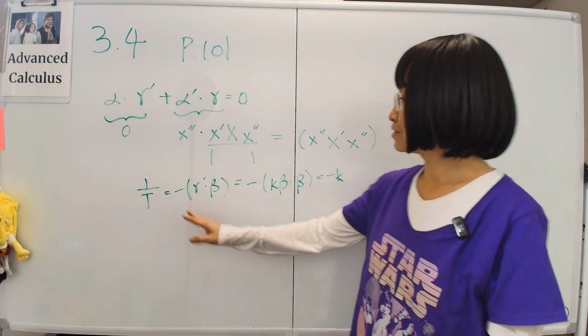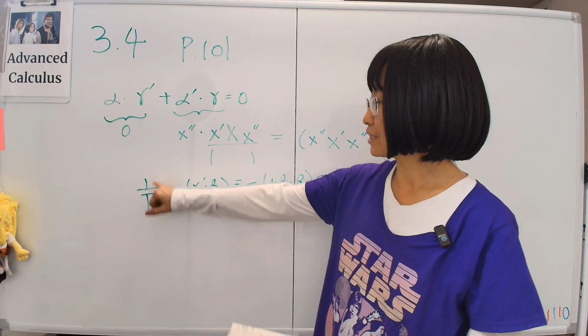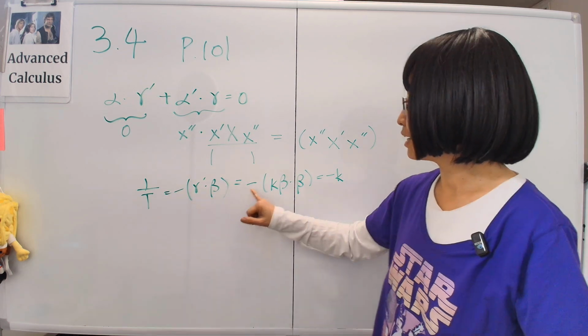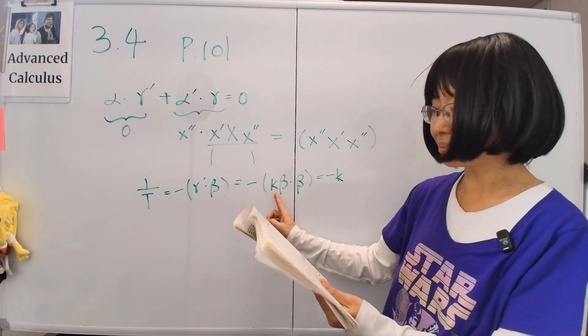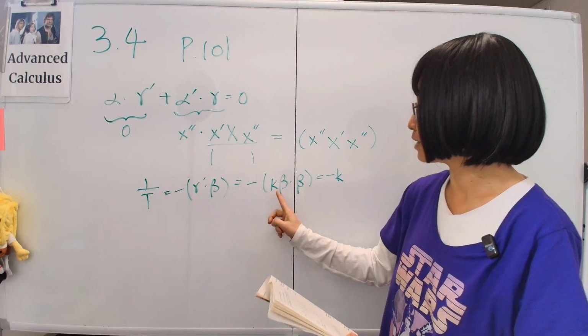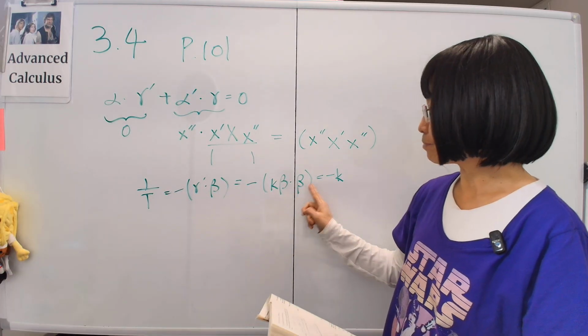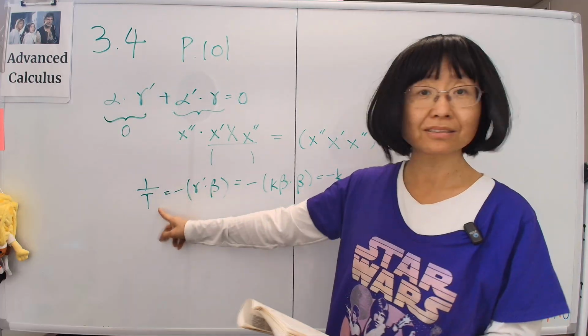All right, I might as well write this down. What I just said is 1 over t equals minus gamma prime dot beta, where we plug in gamma prime equals k beta from a little earlier, and then beta dot beta equals 1, so this whole thing equals minus k, which means k equals negative 1 over t.